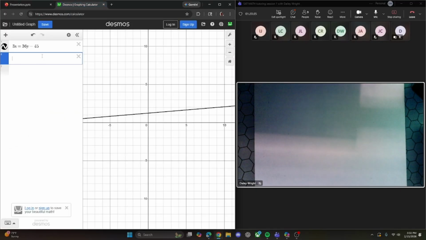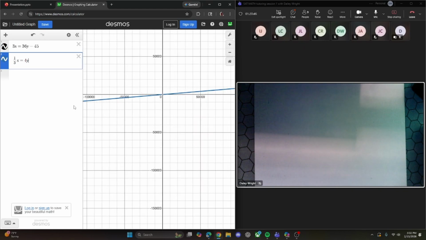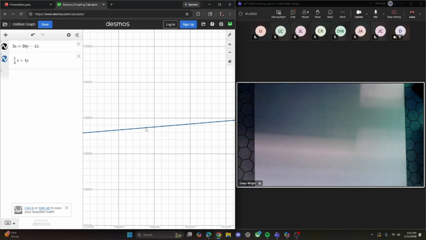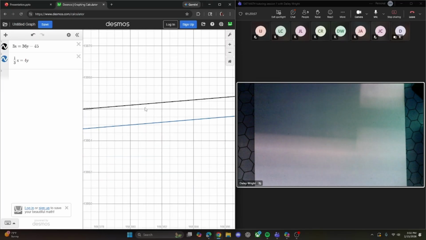1/3 x equals 4y. I don't see any gray dots to click on, so that means they are always going to be that same amount apart.